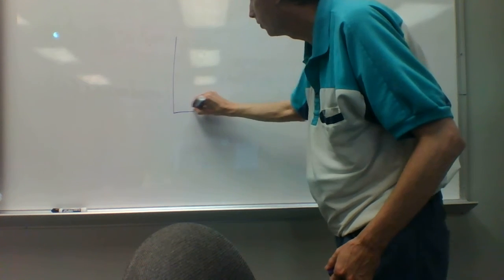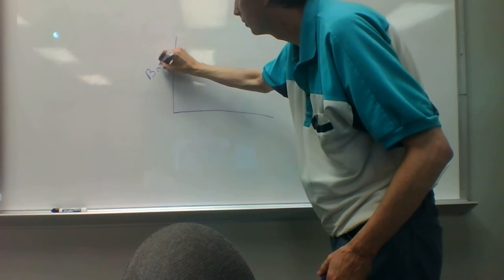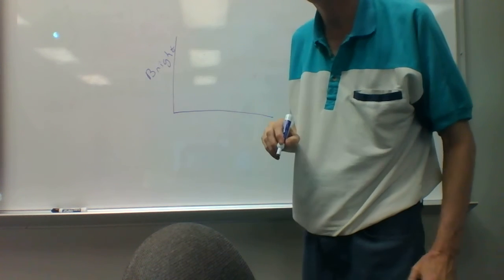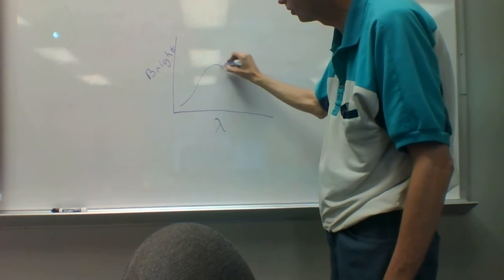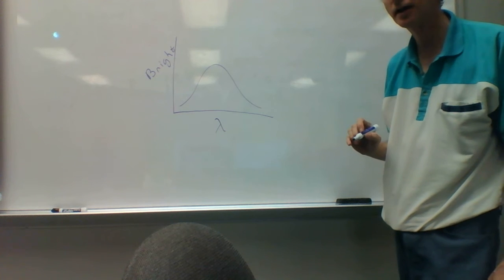Okay, now the second thing that we need to know is that the maximum wavelength of light can be found with a spectroscope. So if you recall, when you use a spectroscope, you get the black body curve. Let me put that up here on the board behind me. A black body curve is going to have the brightness going this way, and the wavelength going this way, and then it makes a curve like that. So that was called a black body.